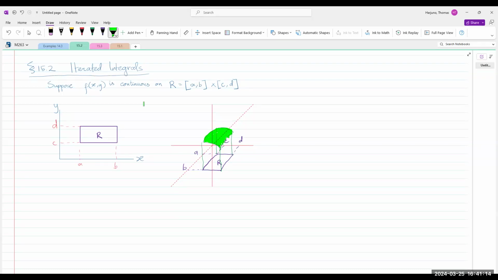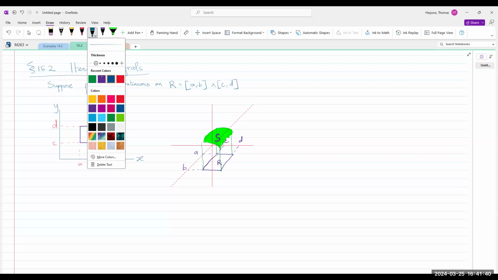We usually call that surface S, and the shadow of that surface on the ground, because it looks like a rectangle, we call that R. So that's the situation. And this function is continuous. Basically, the function is predictable. Okay, now let's go back to the storyline.